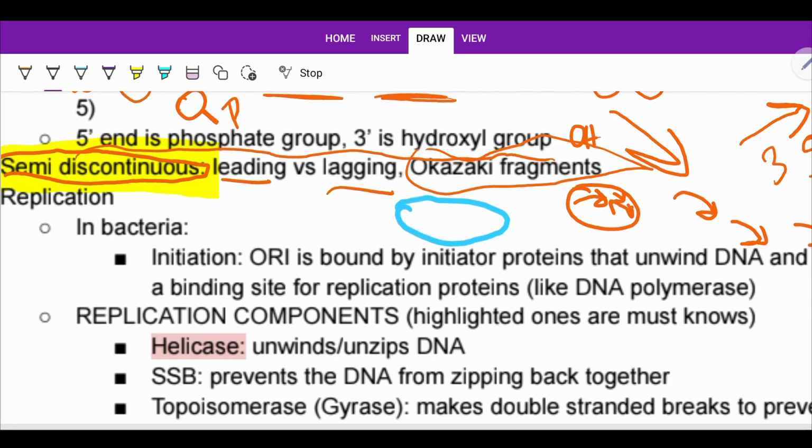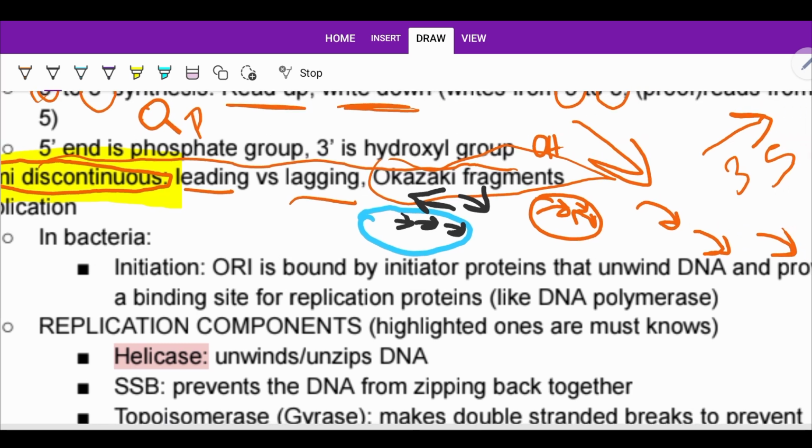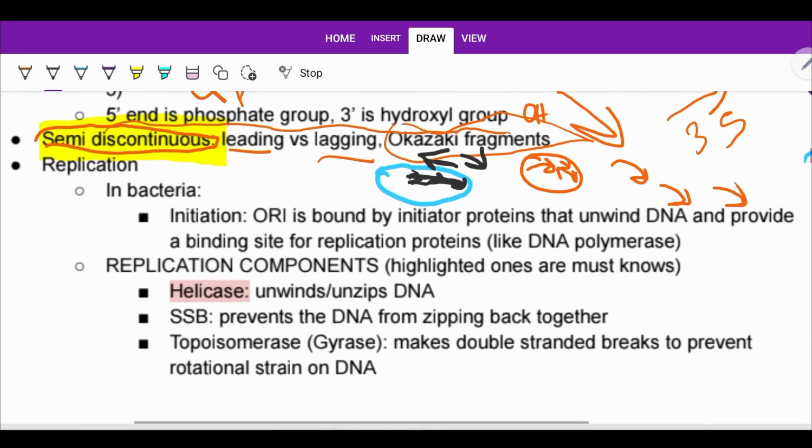So if it has to synthesize in this direction, but the way to synthesize is this direction, it will synthesize, then go back to the start and synthesize, and then go back to the start and synthesize. So it's just kind of like synthesizing backwards. And then these are eventually linked together by something called DNA ligase, which we're almost about to learn about.